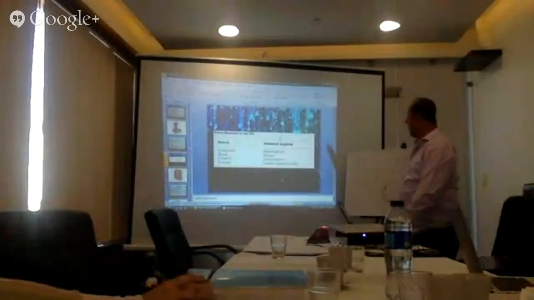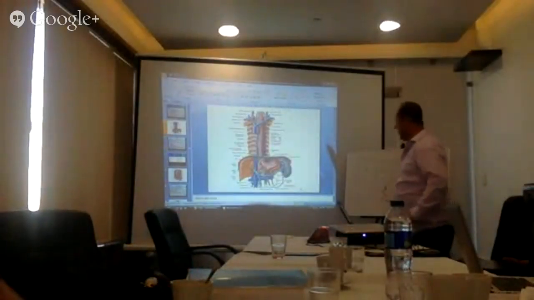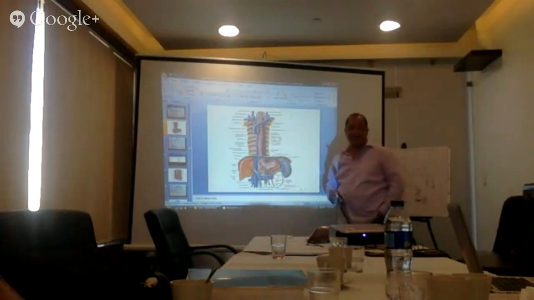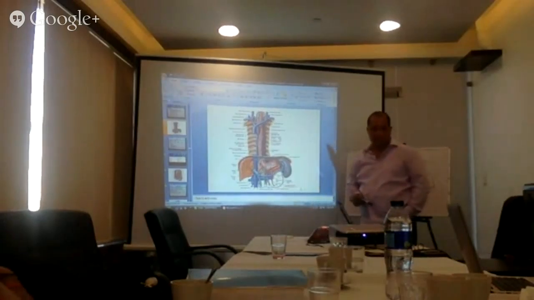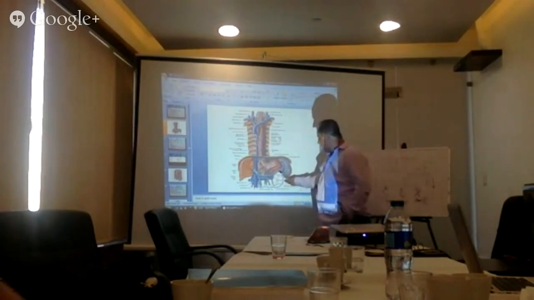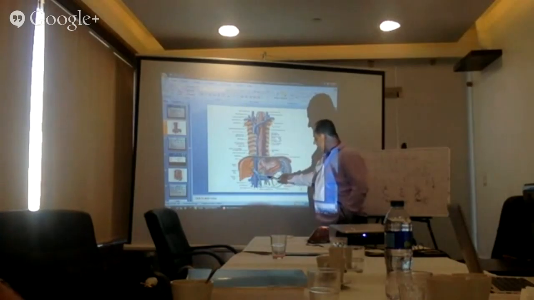We say the portal vein here. You have to know how the portal vein is formed. We said it's going to be formed by the splenic vein and this one here, the inferior mesenteric.